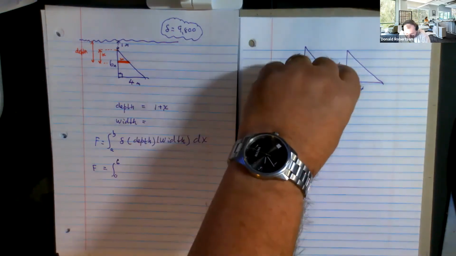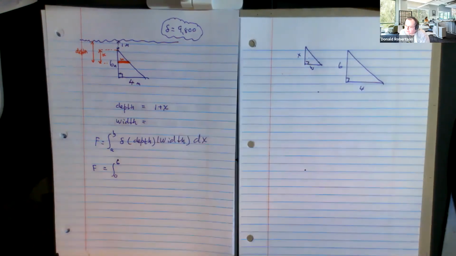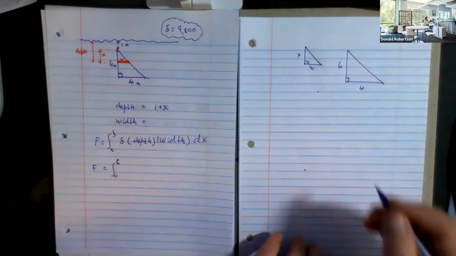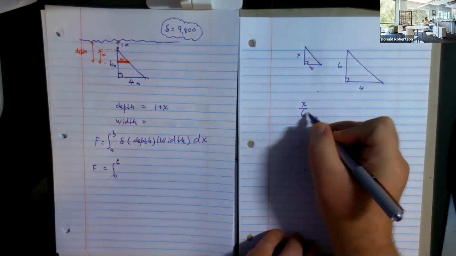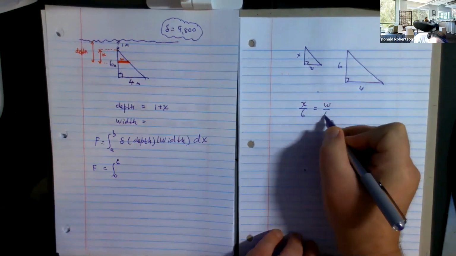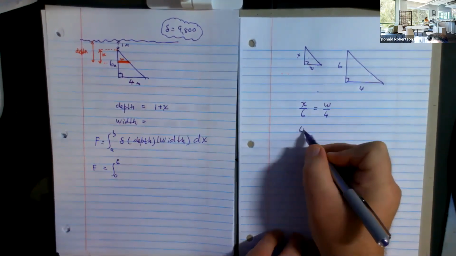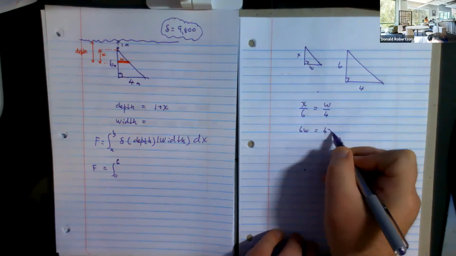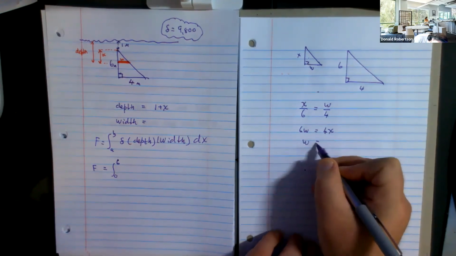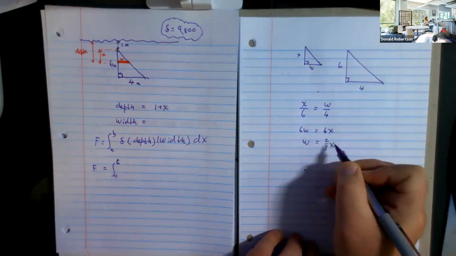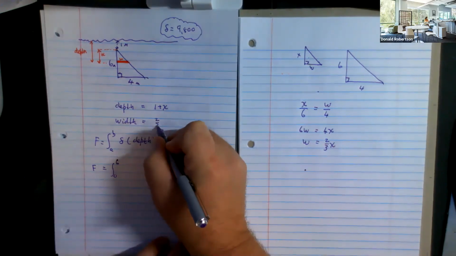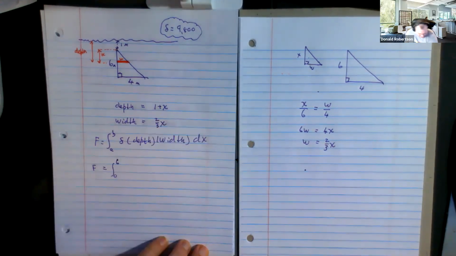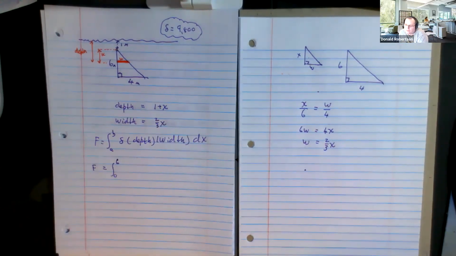X matches 6, right? W matches 4. So X over 6 is W over 4. 6W is 4X. W then is 2/3 X. Actually, that one went a lot smoother, didn't it? A little bit less work.